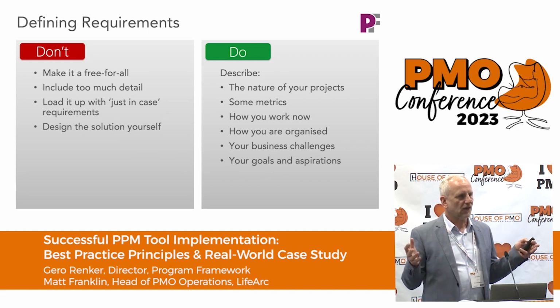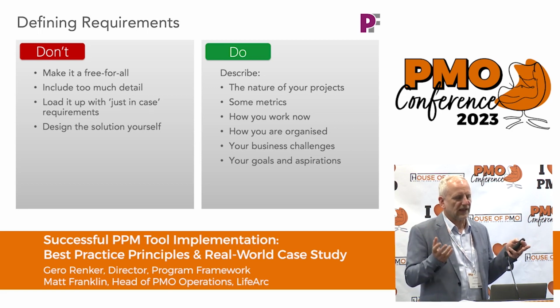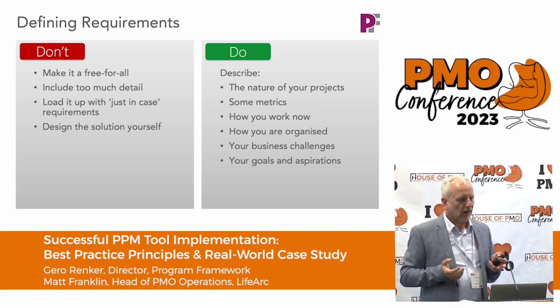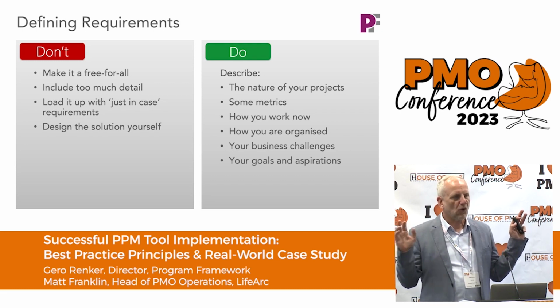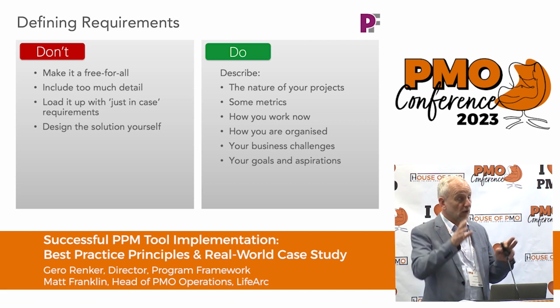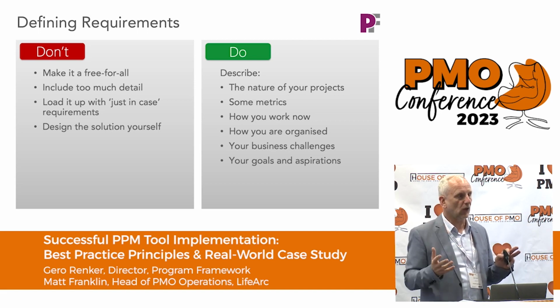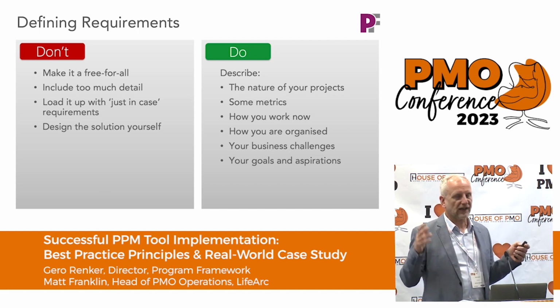And often there's a whole load of detail in there about what people think they need, and it is loaded up with just-in-case requirements. No one would ever dream of implementing what's being described here, certainly not on day one. It's people wanting to make sure that if ever they need a certain feature, the tool they're about to acquire can do it. And that's not often made clear to the vendor.